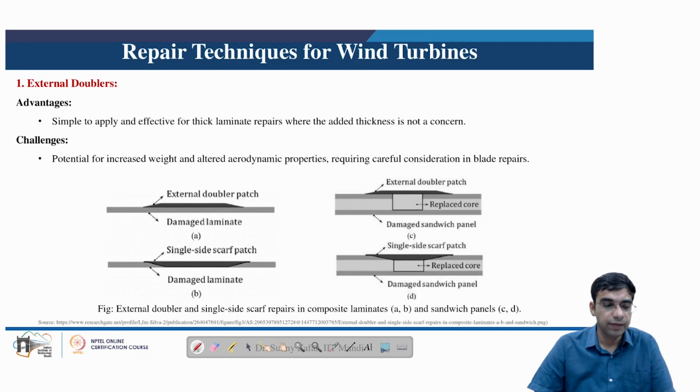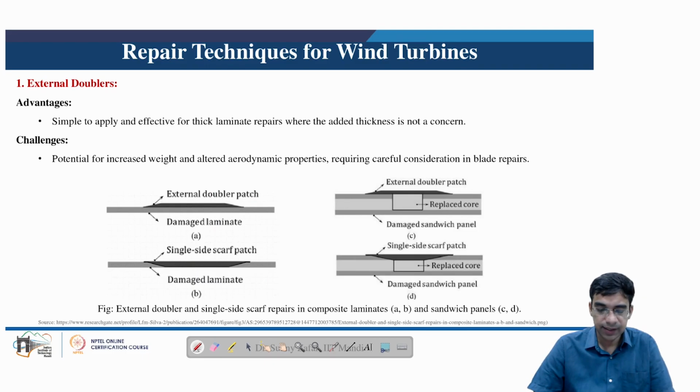External doublers have the advantage of being simply applied and effective for thick laminate repairs where added thickness is not a concern. There are challenges in installing external doublers, which include the potential of increased weight and altered aerodynamic properties, which require careful consideration in blade repair.